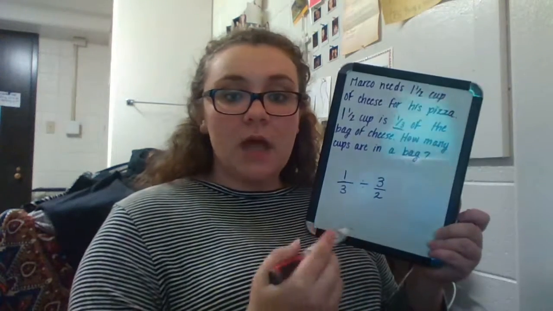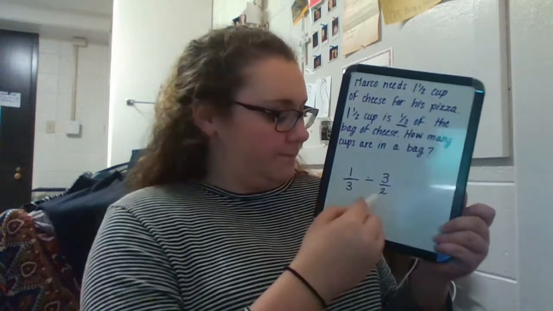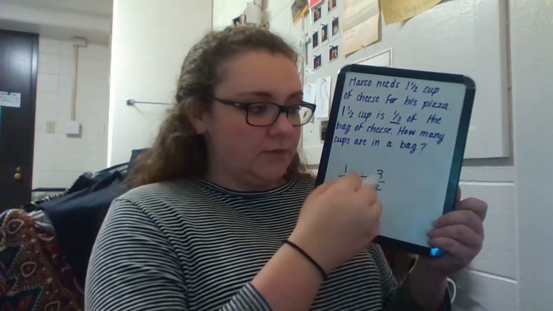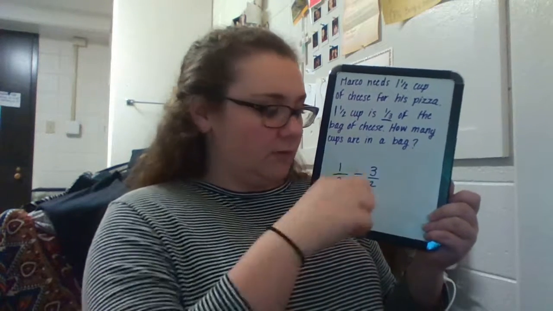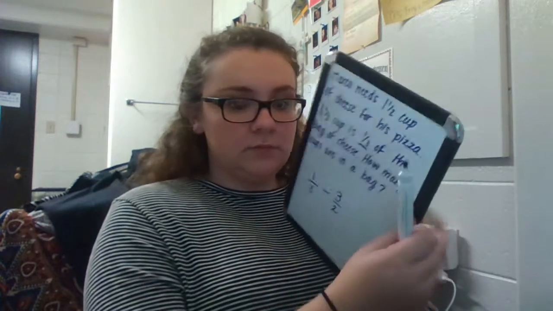So we would take 1/3 divided by 3/2, which we all know to do the reciprocal and then multiply. So 1/3 times 2/3.